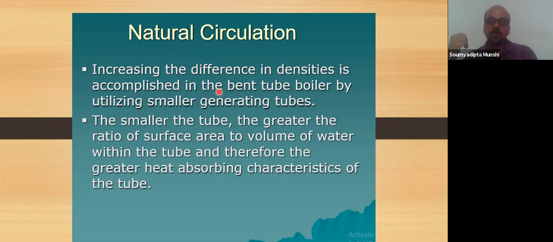That means the maximum water inside the tube is converted to steam, so the mixture density is very low, and due to both of the forces from the previous slide, the circulation process is faster. So the smaller the tube, the greater the ratio of surface area to the volume of water in the tube, and therefore the greater the heat absorbing characteristics of the tube, which I already told you.